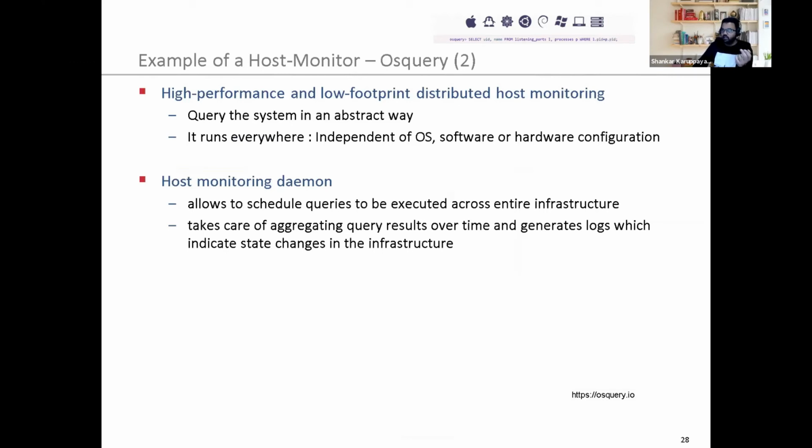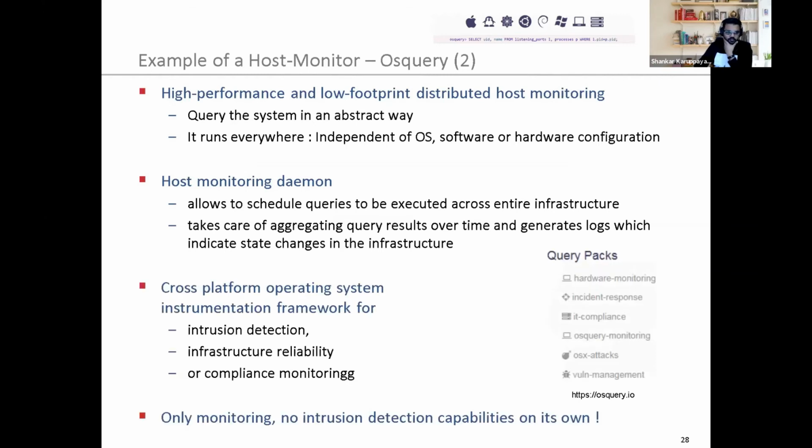So you can say that every half an hour, do this query on all the devices that you have in your network. It takes care of aggregating query results over time and generates logs which indicate state changes of the infrastructure. So yesterday I had only 2 user accounts on this device, and today I have a 3rd user account. That could then be considered to make certain decisions in your network monitoring.